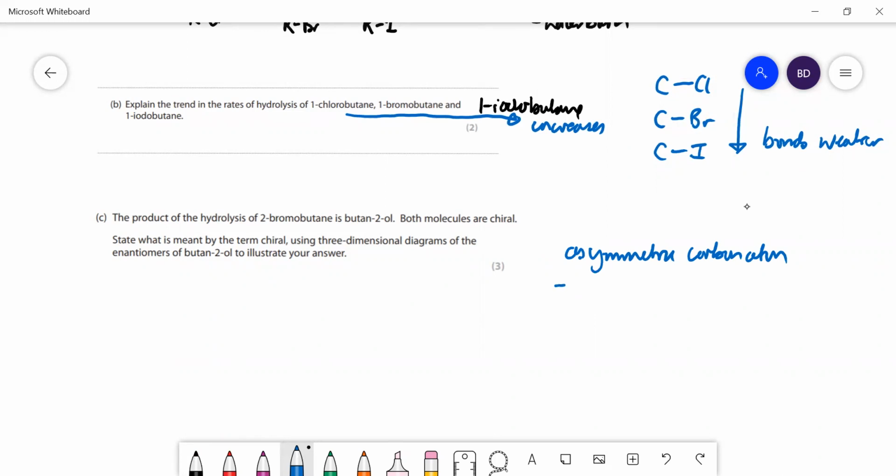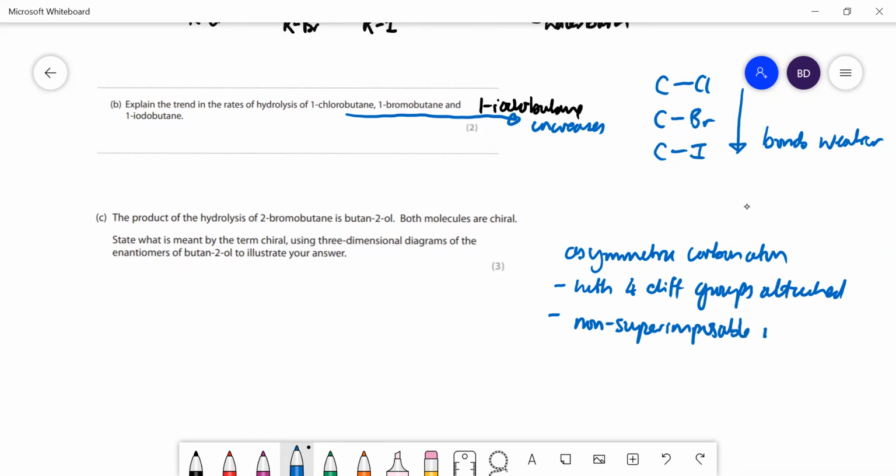That means with 4 different groups attached. And I think we should be on the safe side here and say, so it gives rise to the 2 enantiomers. The 2 enantiomers are non-superimposable mirror images of each other.